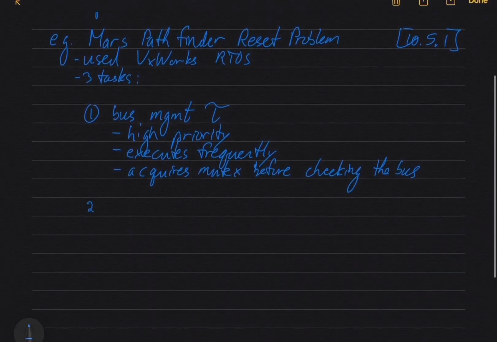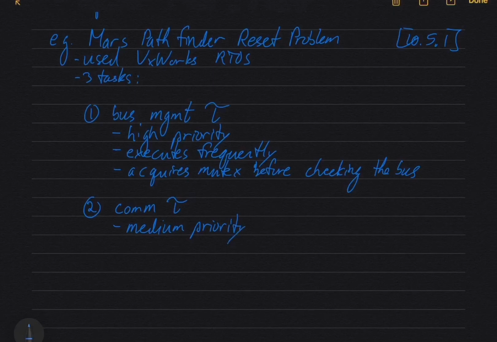Task 2 is the comm task, or the communication task. It is of medium priority, and it executes infrequently. And this is part of the reason why this problem wasn't discovered during testing back on Earth.